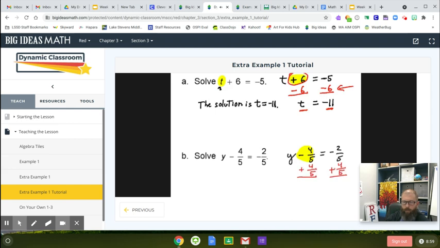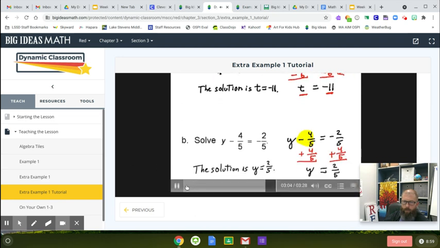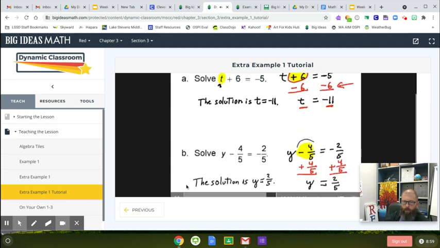When we add 4/5 on the left side, we end up with y plus 0, or simply y. On the right side, we have negative 2/5 plus 4/5. We need to subtract 2/5 from 4/5, and the answer is 2/5. So the solution is y equals 2/5. In this problem, we needed to undo subtracting 4/5, so we added.